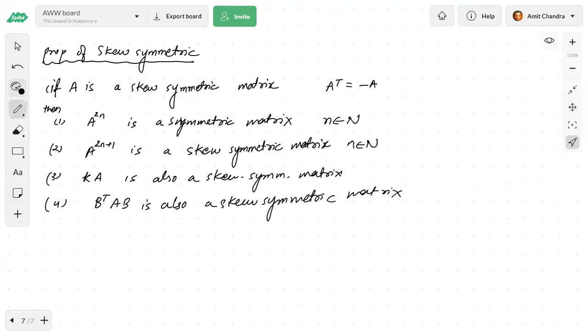Fine. So the only thing that changes is this: if A to the power something is even, it becomes symmetric, and if A to the power something is odd, it becomes skew symmetric. The remaining properties are the same. Copy these also.